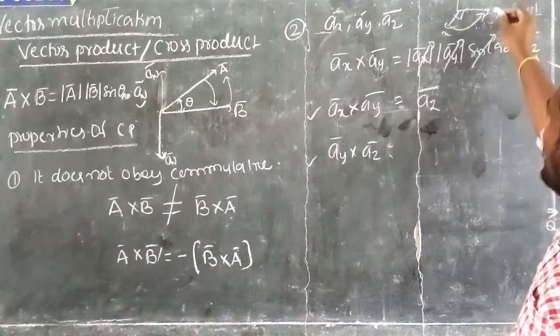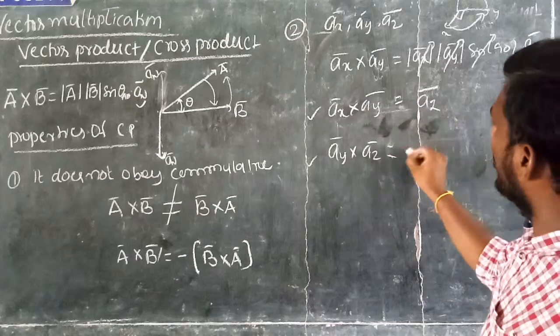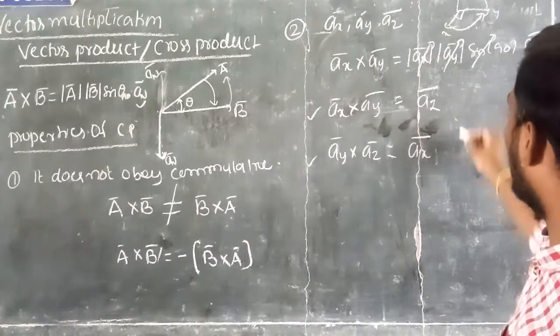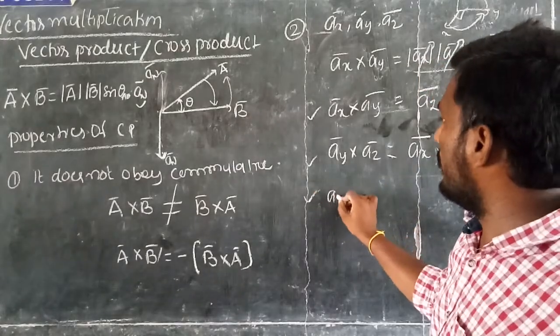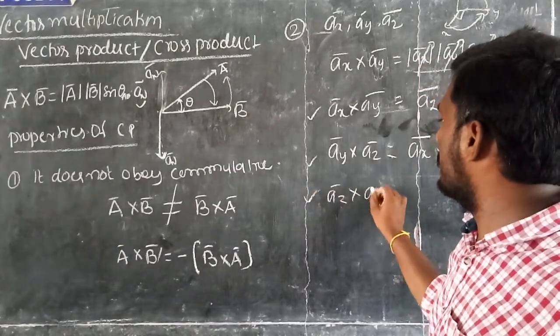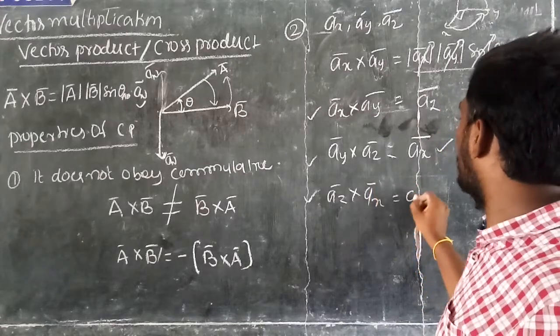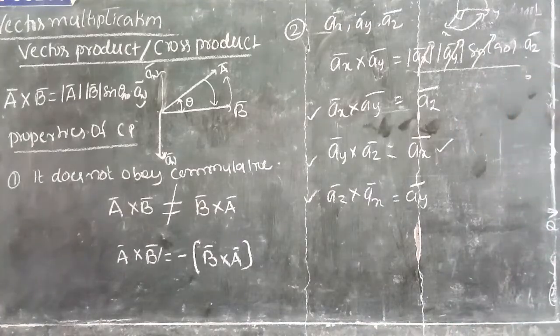We are doing the cross product from y to z, so we should get the other vector, which is Ax bar. If you calculate using this formula, we will get this result only. Next we have Az bar cross Ax bar, which is equal to Ay bar. Okay, so this is the cross product between different unit vectors.